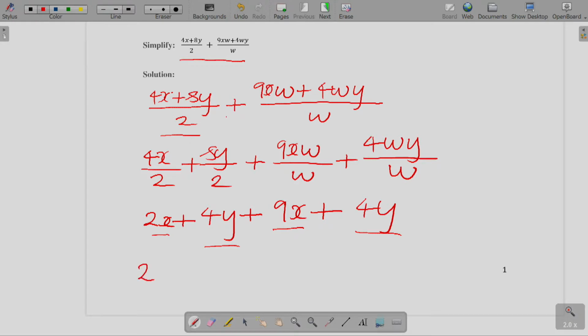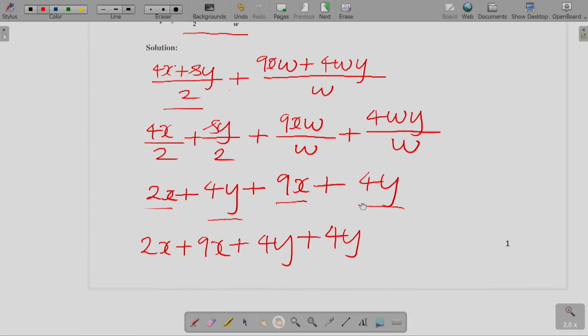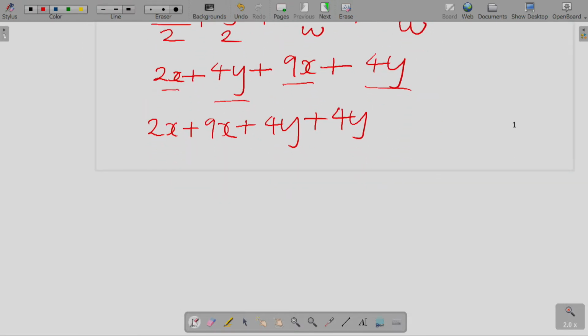Let's start with 2x plus 9x, also 4y plus 4y. If you add 2x and 9x, we'll get 11x, and 4y plus 4y will get 8y. So this one will be the answer.